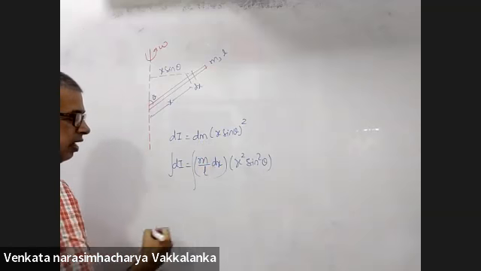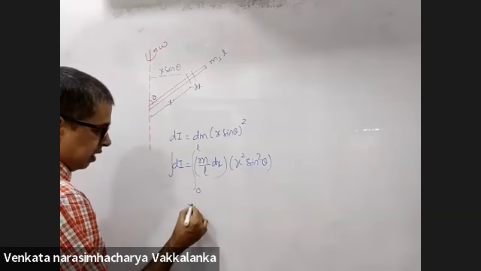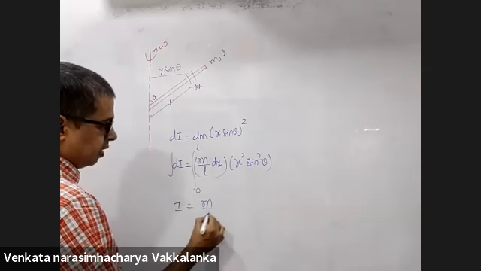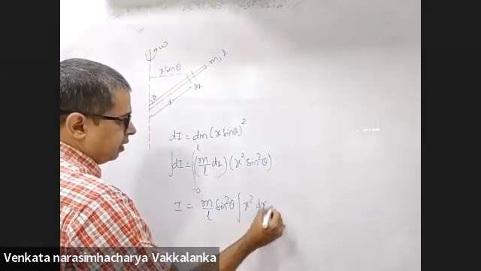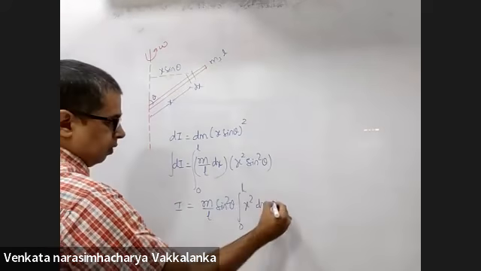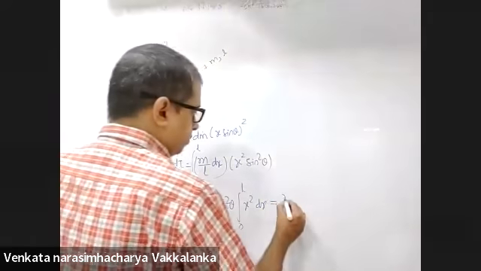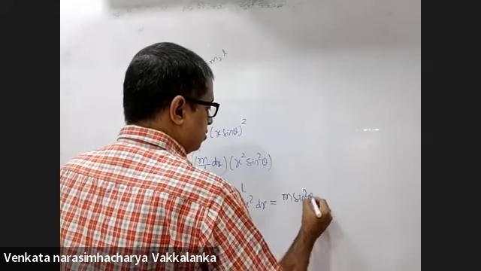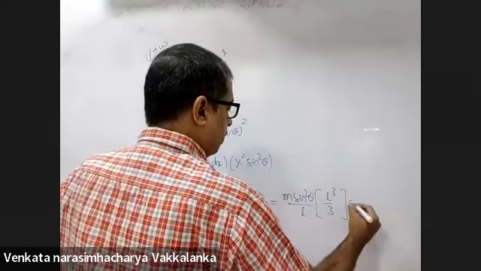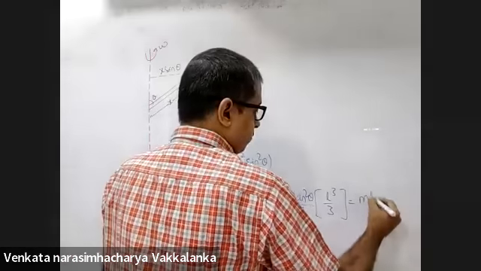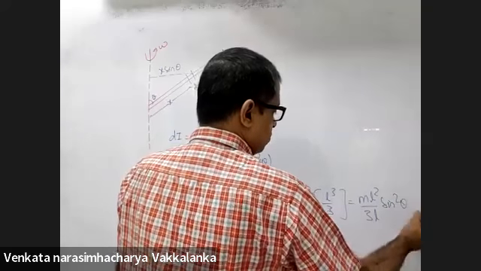Unitary method, mass per unit length into length. The least value of x is 0, the maximum value of x is L. Mass per unit length, sine squared theta, integral of x squared dx from 0 to L. M sine squared theta by L, L cubed by 3, which gives ML squared by 3 sine squared theta.